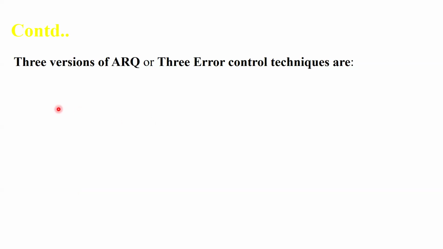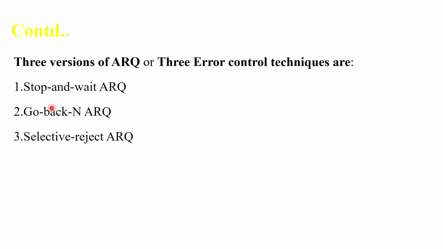There are three types of error control techniques. So there's Stop-and-Wait ARQ, there's Go-Back-N ARQ, and there's Selective Reject ARQ. These are the three versions of error control techniques. We'll see these next.